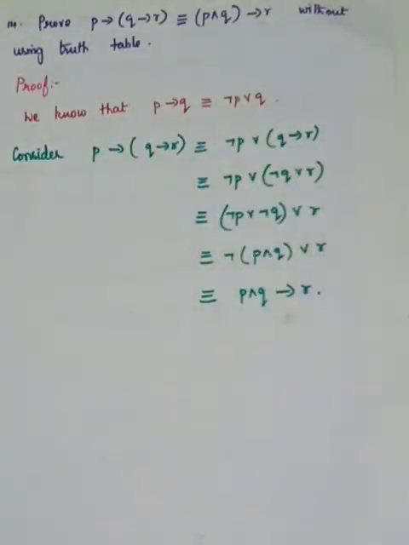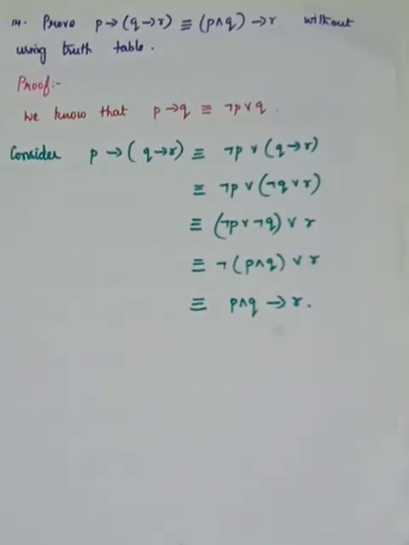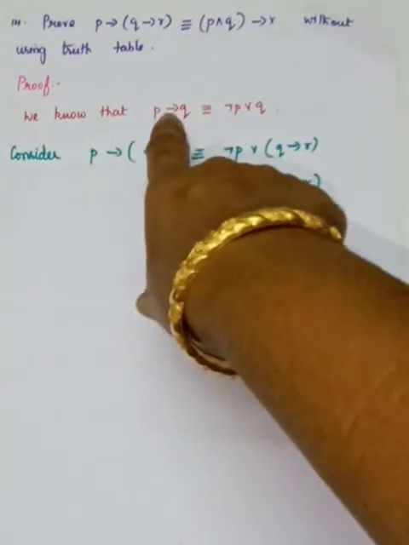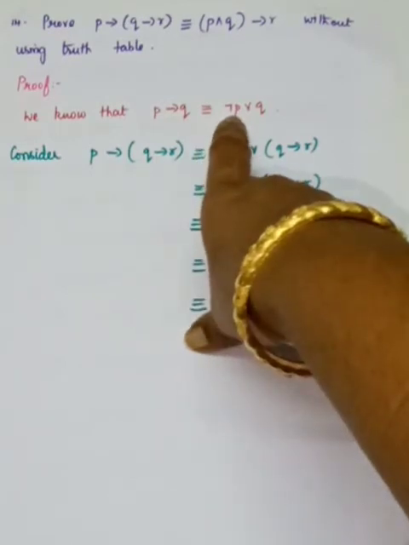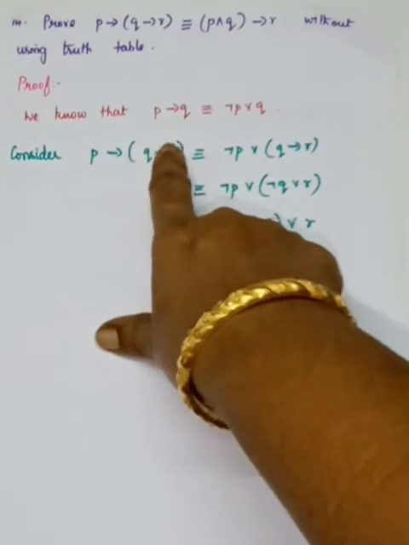The same thing, we are moving to question number 14. Prove the statement: P implies (Q implies R) is logically equivalent to (P and Q) implies R, without using the truth table. The same result we are going to use. Implies means you have to write the negation of the first statement or the second statement.